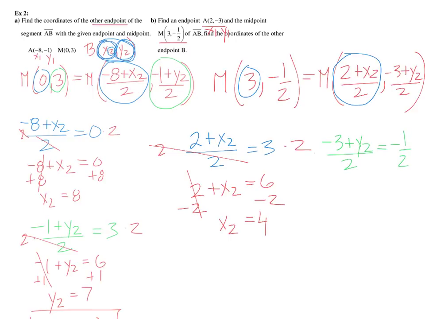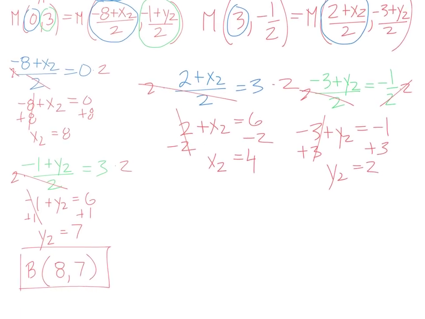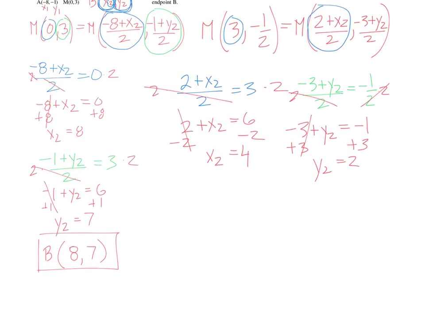All right, so I'll multiply by 2 on both sides. Cancels out on both sides. So I have negative 3 plus y sub 2 is equal to negative 1. I add 3. And y sub 2 is equal to 2. So for my endpoint B, the x and y values are 4, 2.